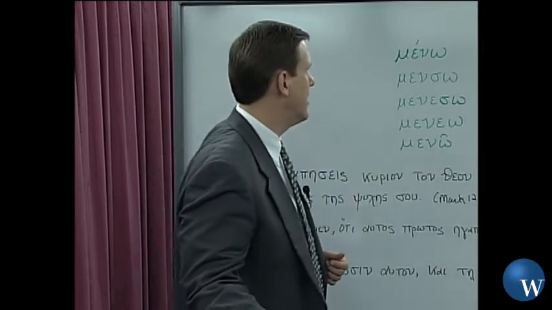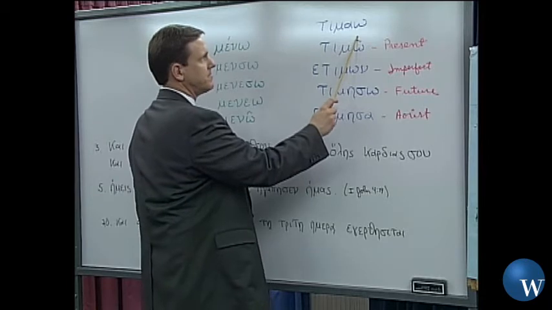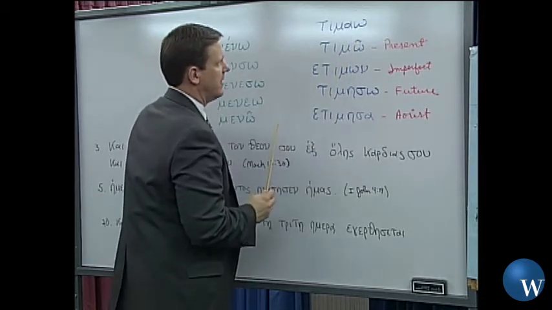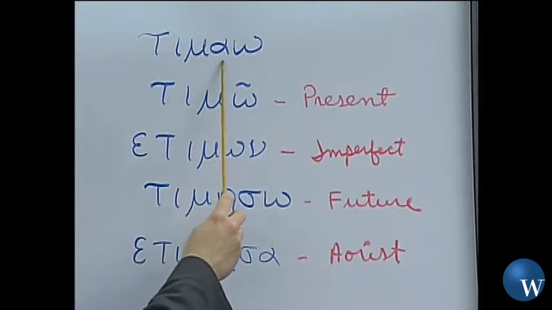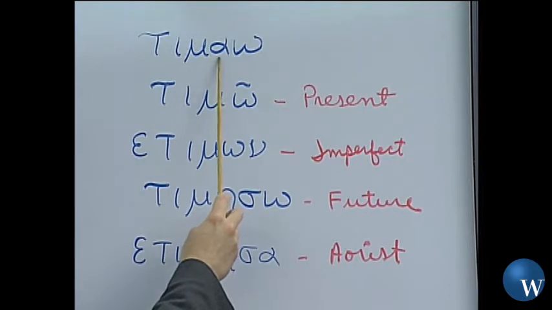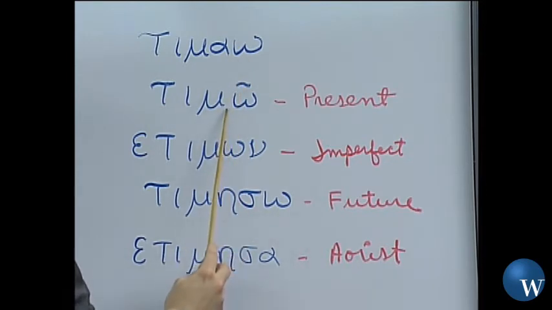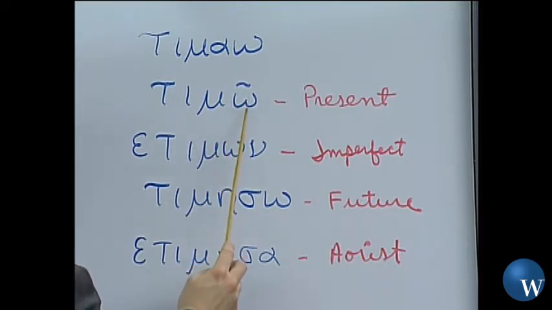So let's go to the board now and notice that in regard to the word timao, here is how you would find it in your vocabulary list with the alpha there, right? Because this is a verb whose stem ends in an alpha. But when we go to the present tense, with this omega ending on here, it tends not to like that, and so the alpha drops out, and the stress ends up being placed on the omega.